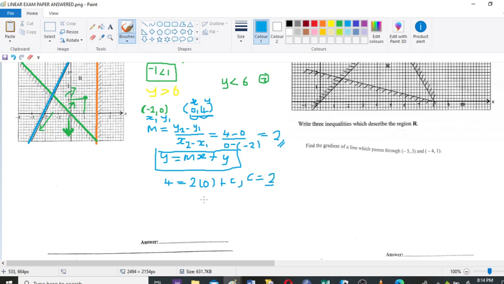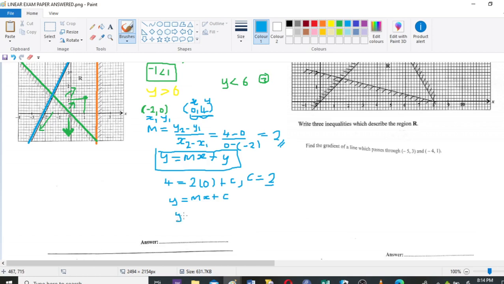So writing our final equation, we write again y is equal to mx plus c. That is gradient multiplied by the x value plus the constant value.